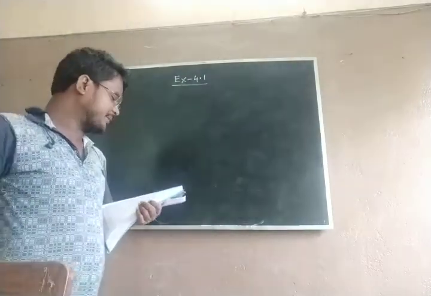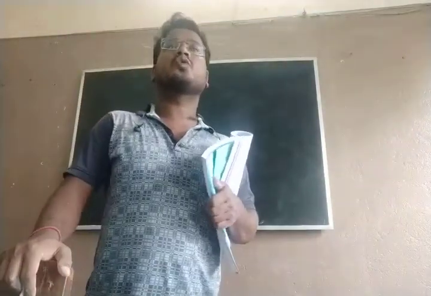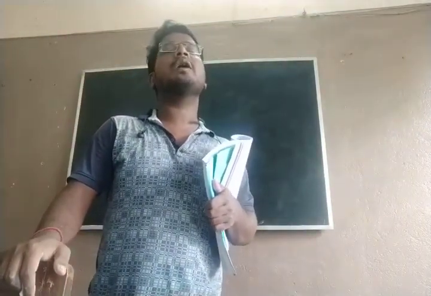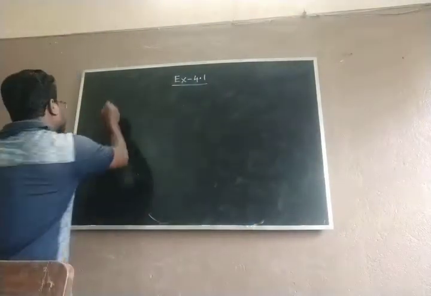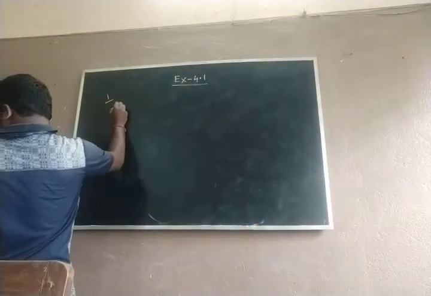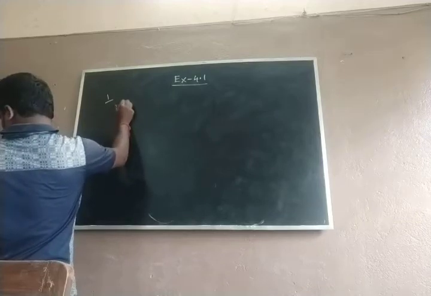Give reason in support of your answer. To justify a perfect cube, we have to do the prime factorization of the given number. Suppose I am doing number 1, part 1.